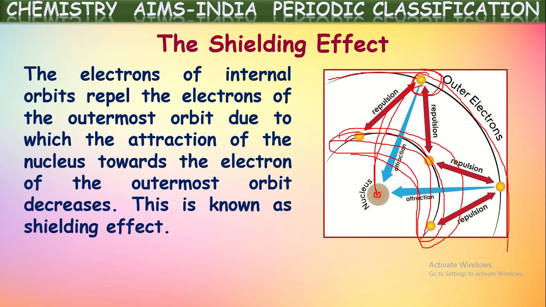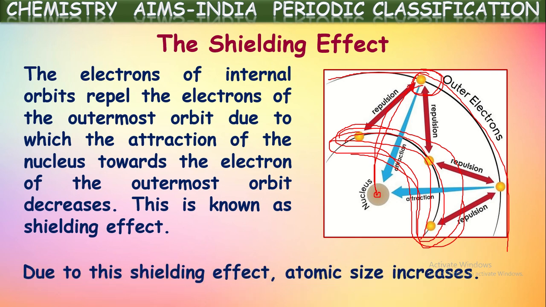But in the case of lanthanoids, the inner electrons shield the outer electrons very poorly because of the dispersed shape of the 4f subshell, and hence size decreases. Due to the shielding effect, generally atomic size should increase. But in lanthanoids, this shielding effect is very small, and hence size decreases. This decrease in size we call lanthanoid contraction. Okay.